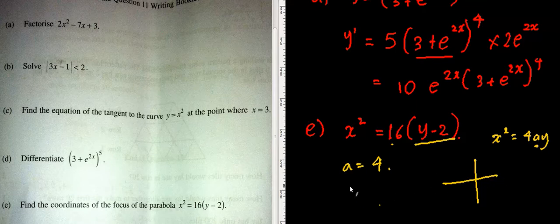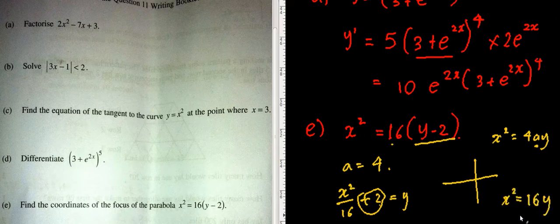If I rewrite it, I will have x squared on 16 plus 2 equals y. So my bad, it's actually shifting it up by 2. This 2 isn't really doing much except shifting everything up by 2. So x squared equals 16y, and then if I shift that by 2, that's the equation I will get.